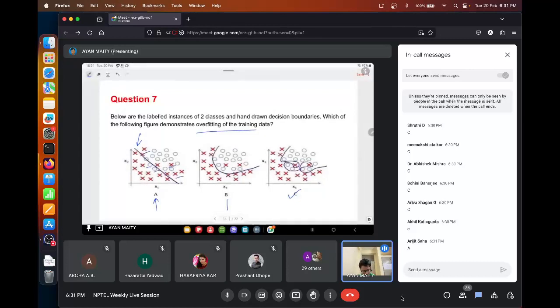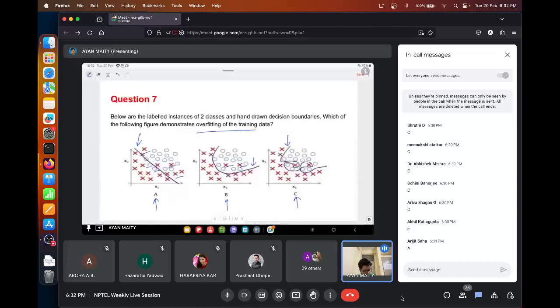In the second case, this decision boundary is no more a straight line, but it is misclassifying 2 points here. And in the third case, this decision boundary is too complex, and it is trying to fit the training data very closely.